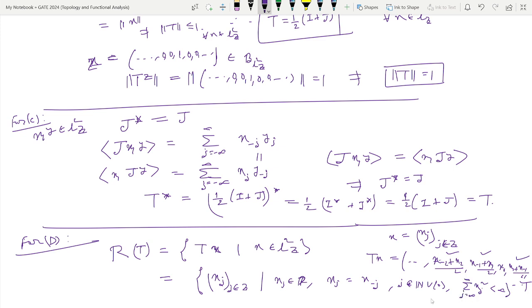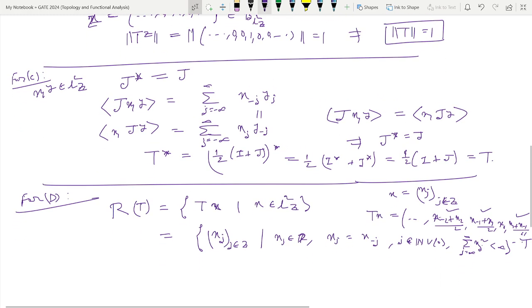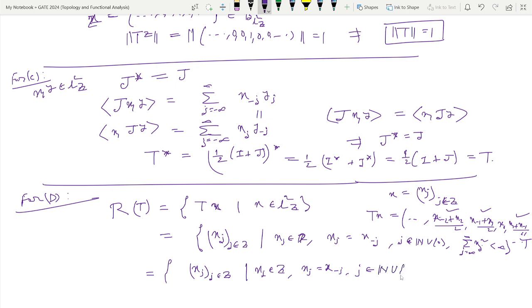And as these terms are the same, we can write this more simply as (x_j), j belongs to Z, such that x_j belongs to R, x_j equal to x_{-j}, j belongs to the natural numbers union the singleton 0, such that the summation of x_j squared, j from 0 to infinity, is less than infinity.